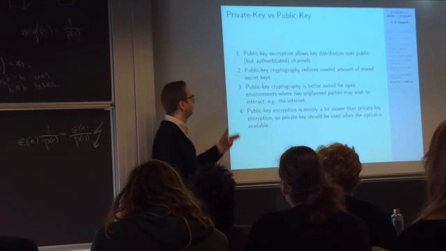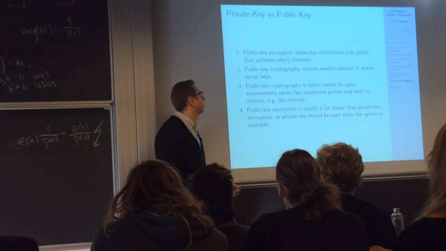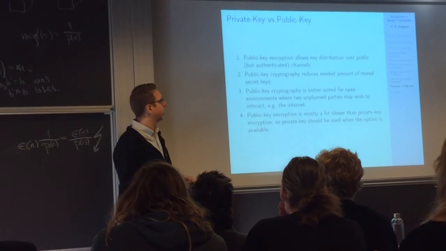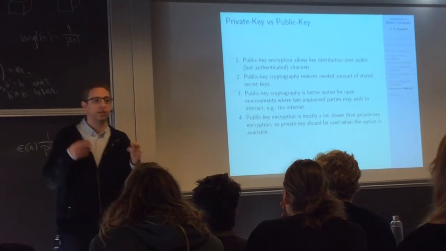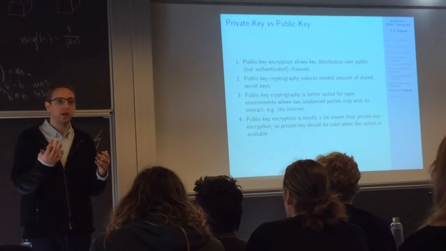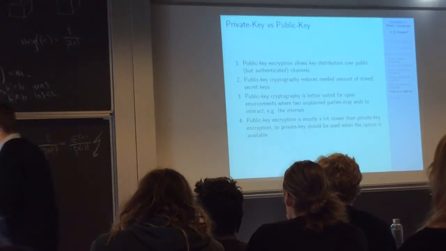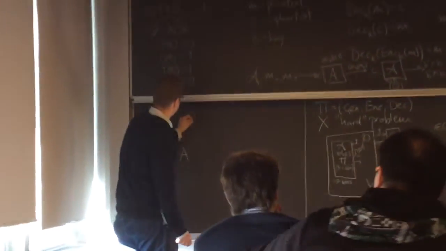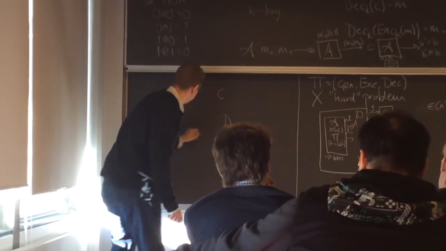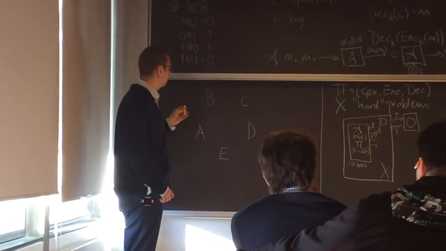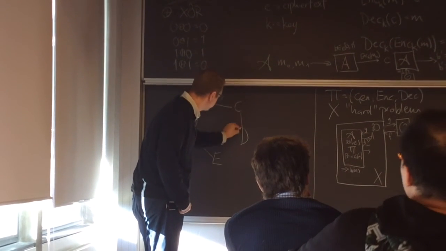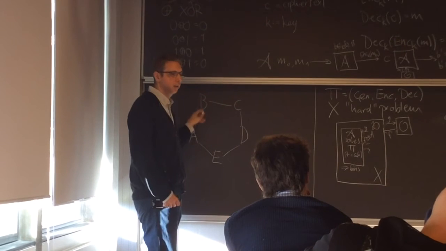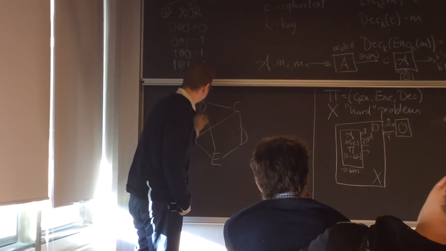Public key is very good because it allows key distribution over public but authenticated channels. It also reduces the amount of stored keys because if it were symmetric or private key, then Alice, and I'm going to draw a picture actually of this. So A, B, C, D, E. If this were a private key, then these two need to share, these two need to share, and they all need to share keys with each other, and then like this as well.